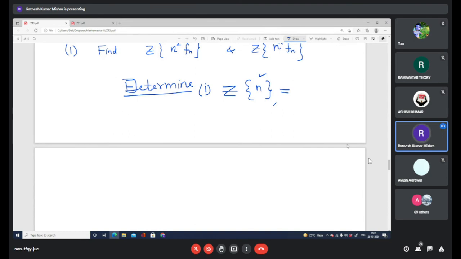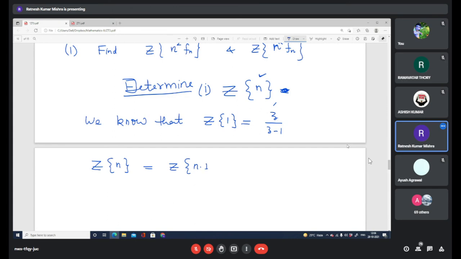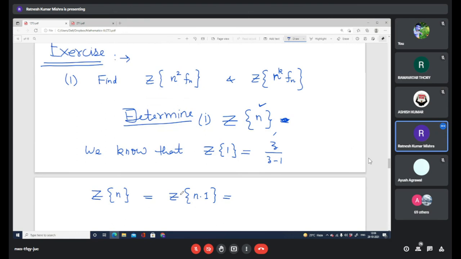Okay, you find Z transform of Fn. So we know that Z transform of 1 is Z by Z minus 1. You know that this is the Z transform of this one. So Z transform of n, we can write Z transform of n into 1, that is, n into Fn.